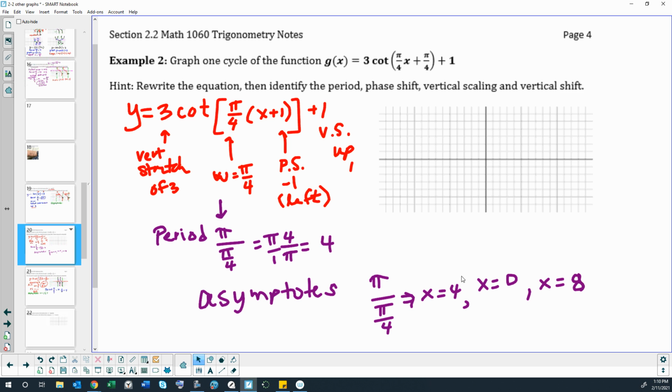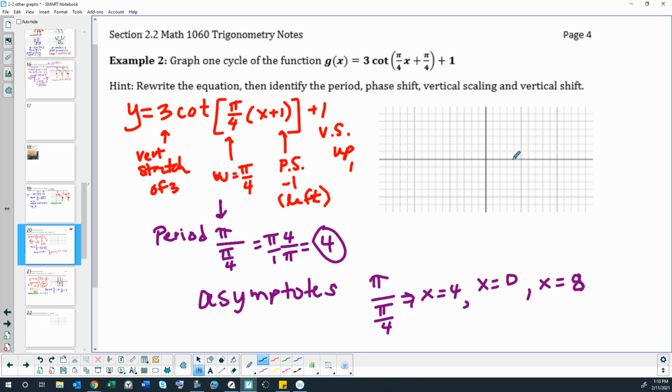Okay, so let's start putting details in, figuring out how we want to sketch our graph. So notice how I didn't even start sketching the graph until I knew some of these details, because that influences how I'm going to label my graph. So for 4, I could count over 4 and say that that's 4, or I could count by 2s if I wanted to. I think I'll just stick with the grid as is.